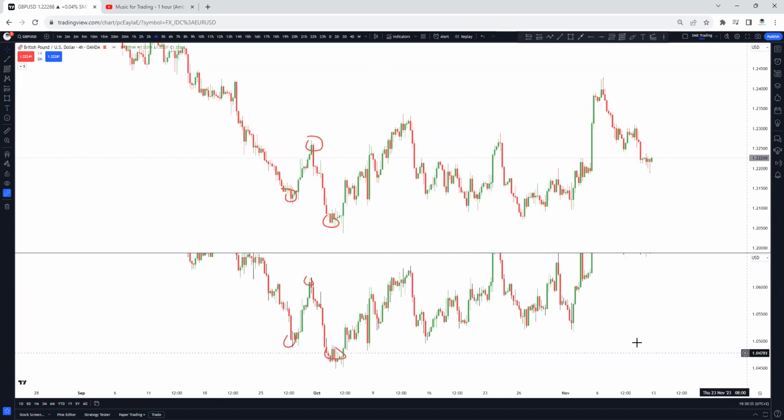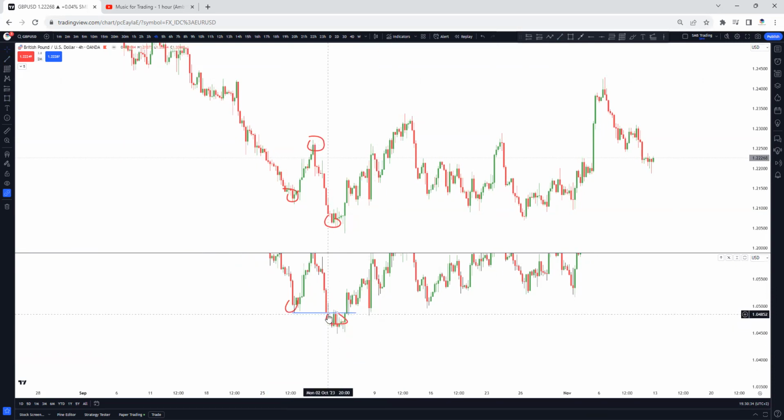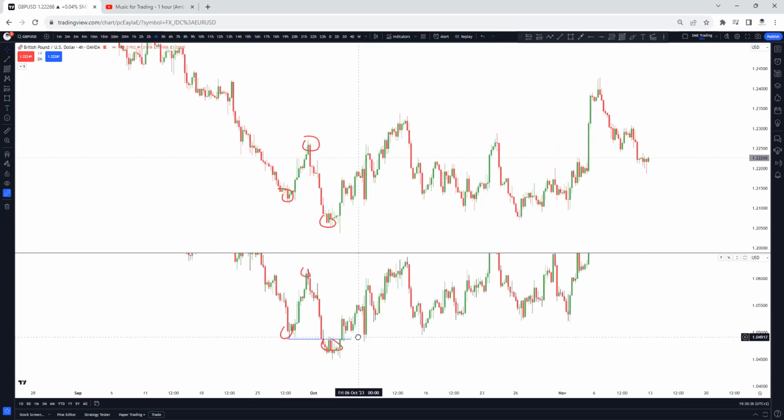But according to my rules, if you paid attention in the previous video, this is not regarded as a breaking structure. This is a liquidity grab, because for a breaking structure, I want price to continue going down up to at least close to 50% of this previous structure.